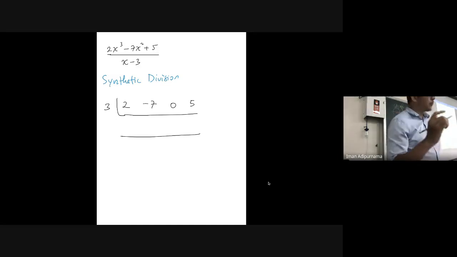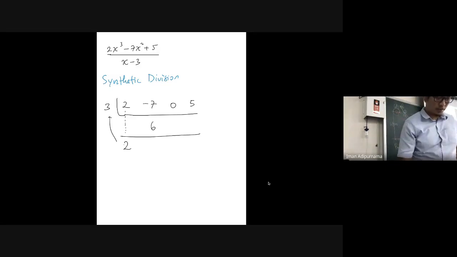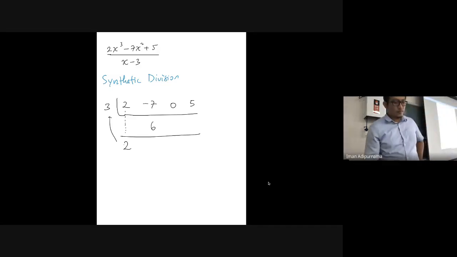First, the left part, the number 2, you put number 2 down here. You multiply 2 with 3, right here, 6, and then plus, becoming negative 1. Negative 1 multiplied by 3.